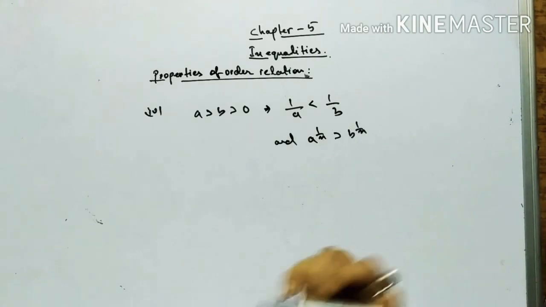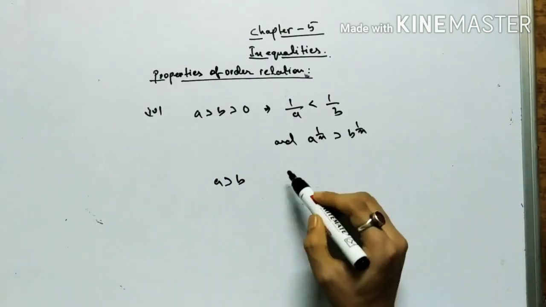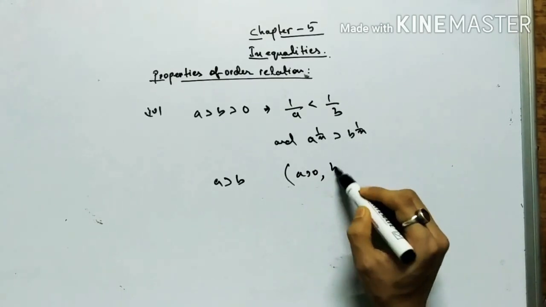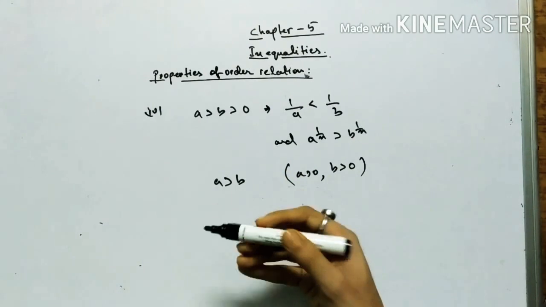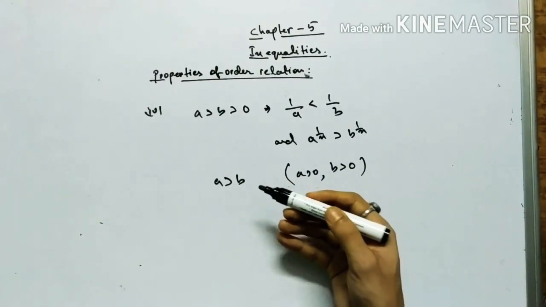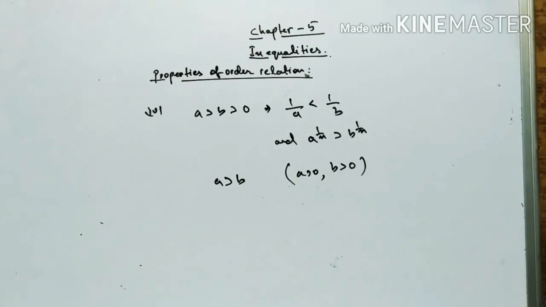Understand? That means always remember, if A is greater than B and both A and B are positive, then if you raise A to any power and B also to the same power, the sign will never change. The sign will remain the same only. But if you take the reciprocal of this, then the sign will change.